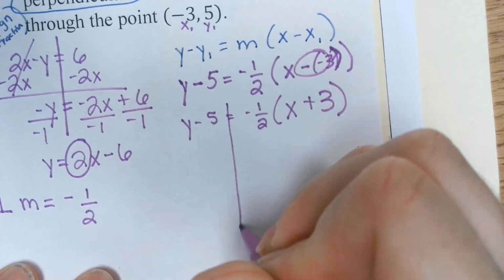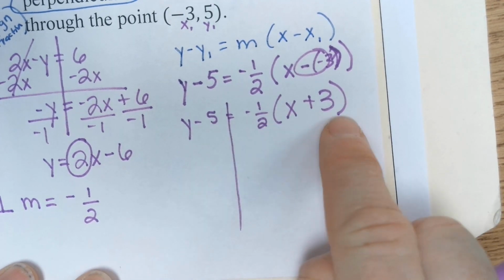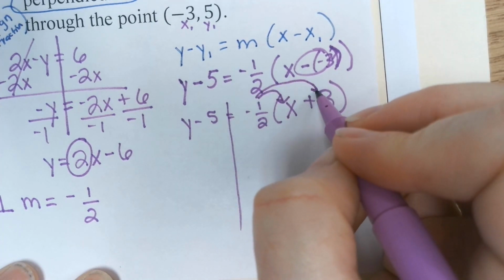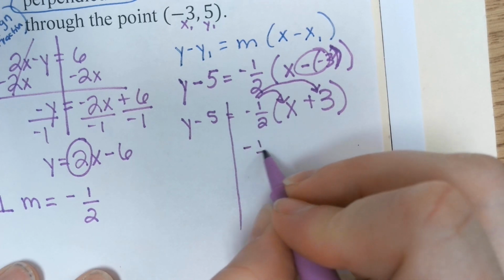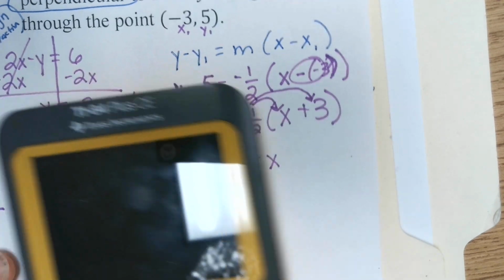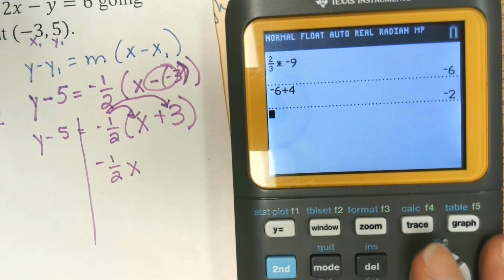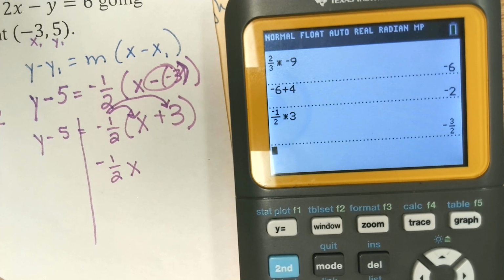Okay, we're doing the same thing. Distribute. Let's keep it as a fraction. Negative 1/2 times x is negative 1/2 x. And then negative 1/2 times 3 is negative 3 over 2.